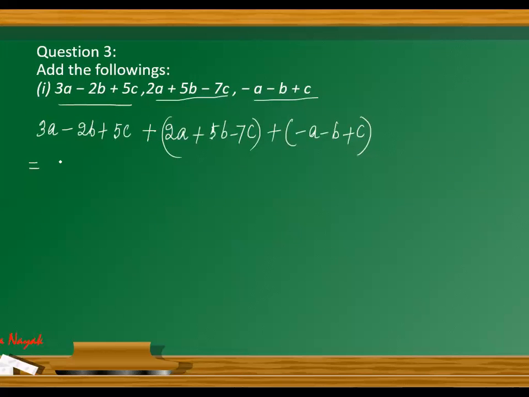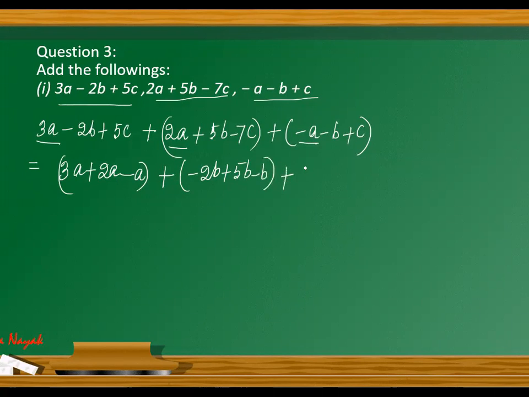Then I'll group them together. A, A. So 3 times a plus 2 times a, and here negative a. Next, negative 2b plus 5b minus b.